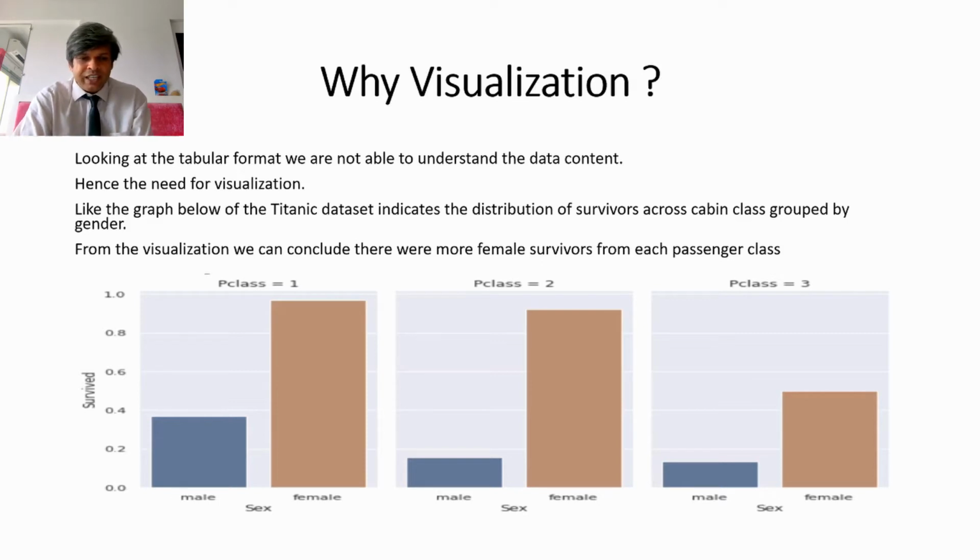If you look at this diagram, it shows passenger class 1, passenger class 2, and passenger class 3, and a distribution of male and female survivors. So what you understand is there were more female survivors across each class within this dataset. That was very difficult to gauge looking at the tabular format in our earlier slide.